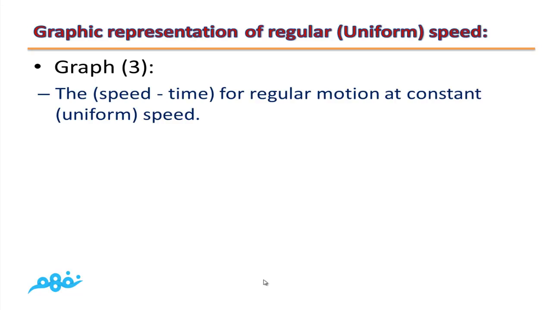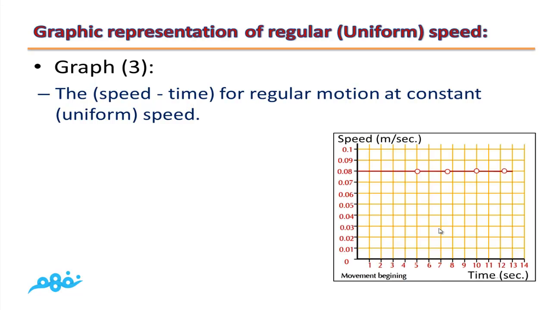The third graph is called the speed time graph for regular motion at constant or uniform speed. So the first and the third graph represent an object moving with constant speed. But the first graph is called distance time graph and the third graph is called speed time graph.